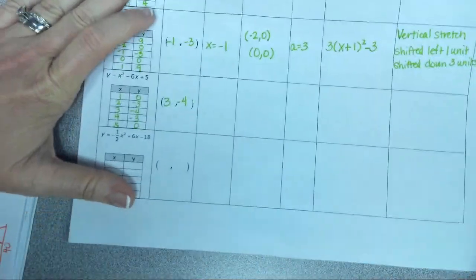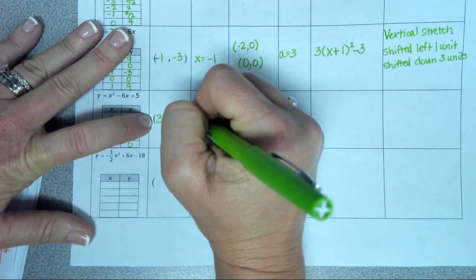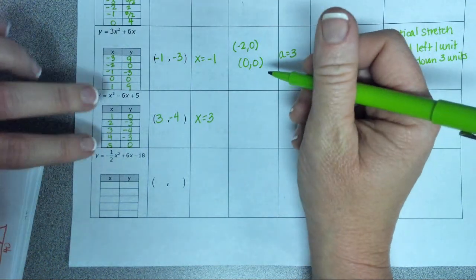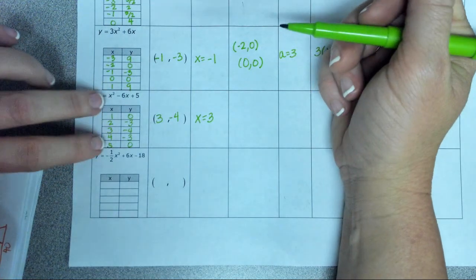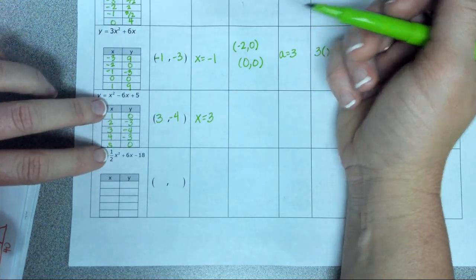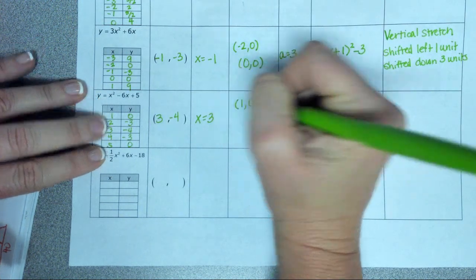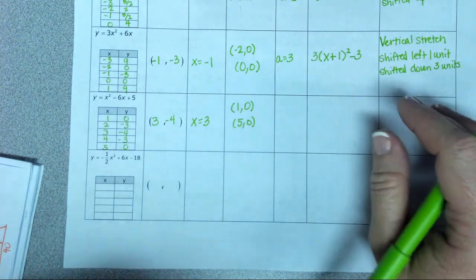Okay. So again, using the x value of my vertex, I can find the axis of symmetry. It is x equals 3. Now I need to find my x-intercepts, so I can look at my table. I can always find them by finding the ones that have a y value of 0. So 1, 0, 5, 0, those are my x-intercepts.